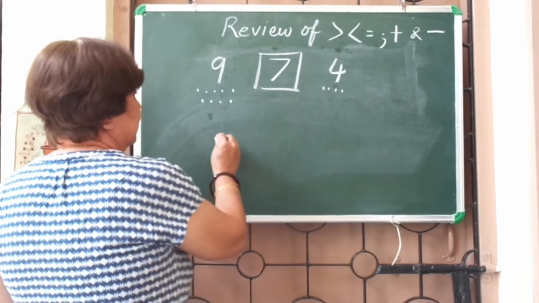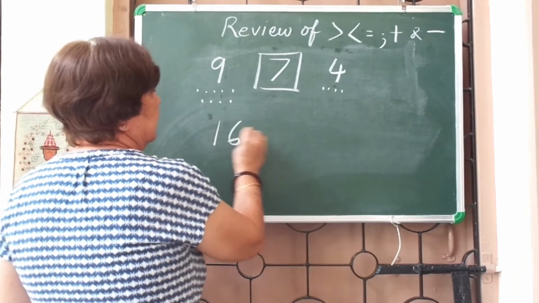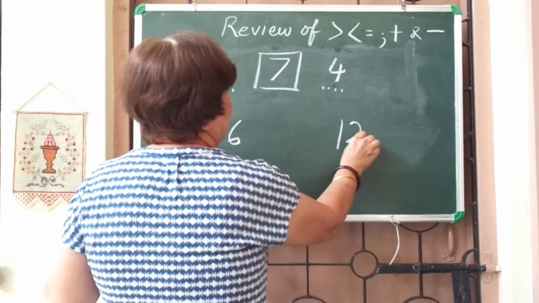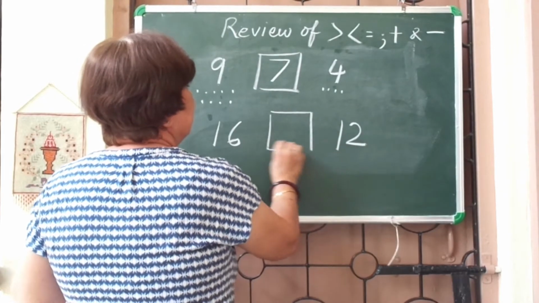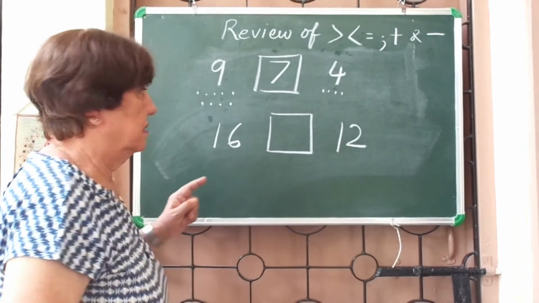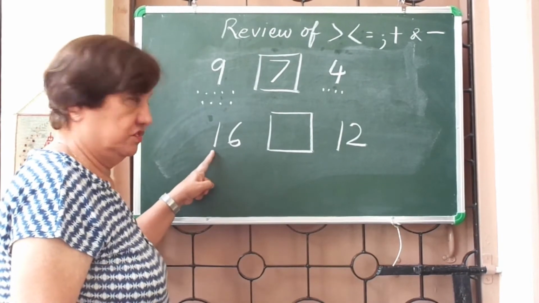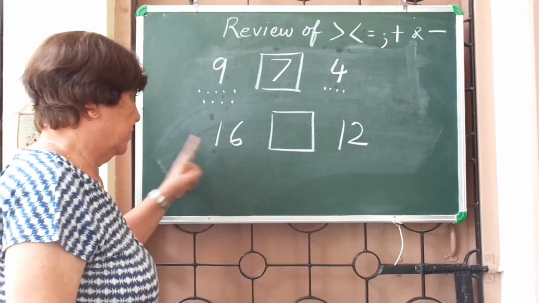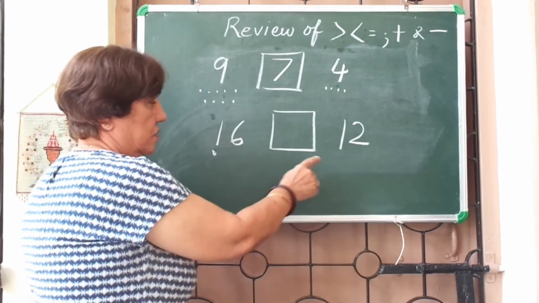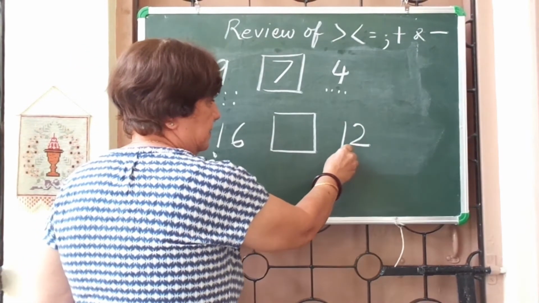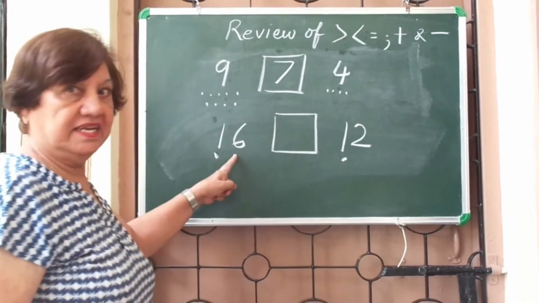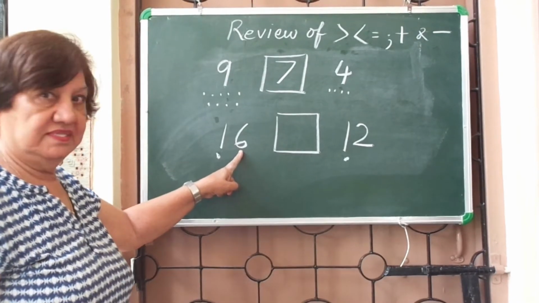Now let's take another example. 16 and 12. When we get a number with 2 digits, we look at the first one. The first one has 1. What does this have? This has 1. Now let's go to the second number. What number is this? 6.